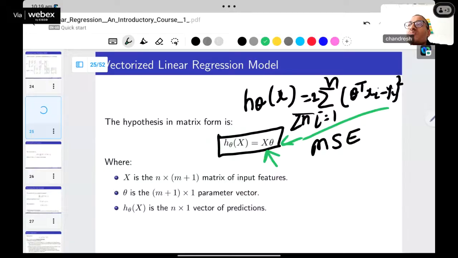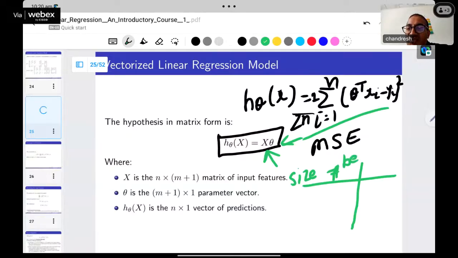Let's say you are building a house prediction model. So x is your data matrix: the size of the house, the number of bedrooms, and y could be the price of the house. So x will contain this data, and theta is the parameter, the model in linear regression that we want to learn. And h_theta(x) is the vector of predictions that we want to predict.